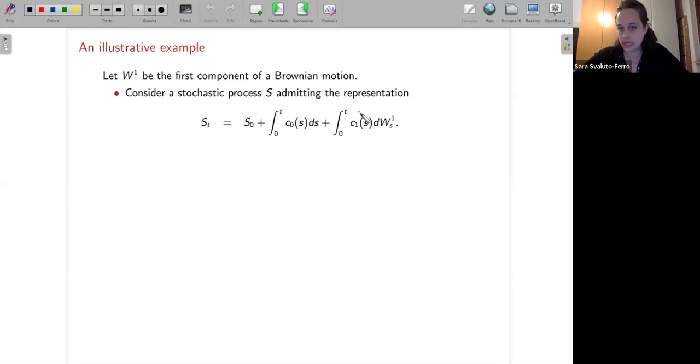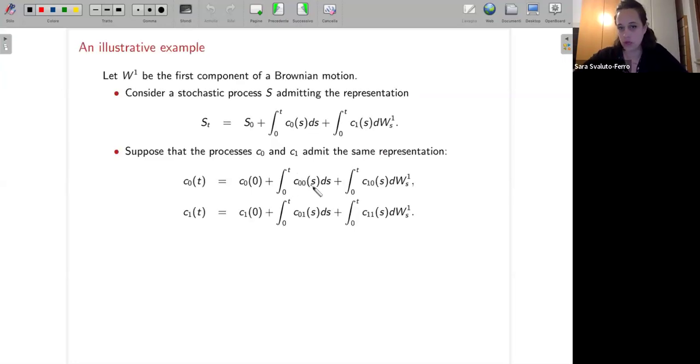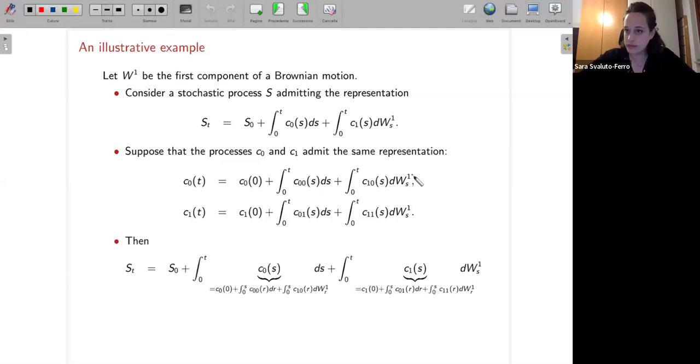Then you suppose that the processes inside, C0 and C1, are again of Ito form: something ds, something dW. W is one-dimensional for now, but it can be of any dimension you want. So you can plug it in: instead of C0, you write its expansion, and instead of C1, you write it as well. You can do some order.